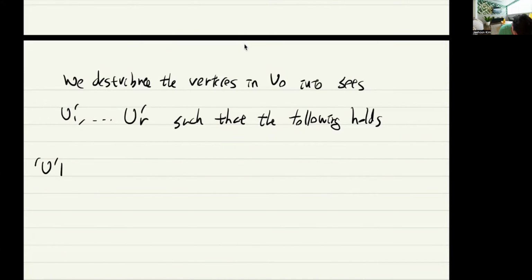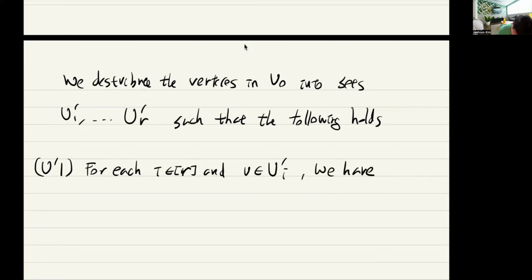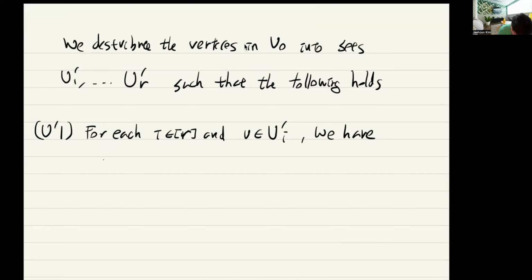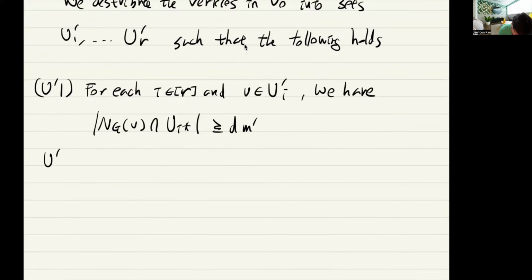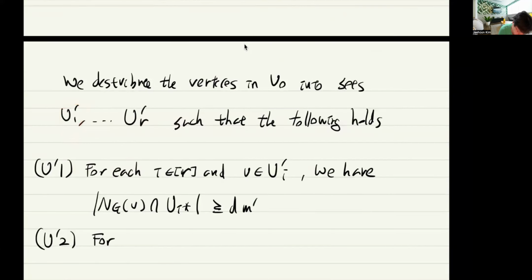The first property is that for each i and p in this U'_i, we add this vertex to U'_i only when it has many neighbors in U_i star. Otherwise, we would not add it. So we will add this U'_i to U_i and then take a union later.